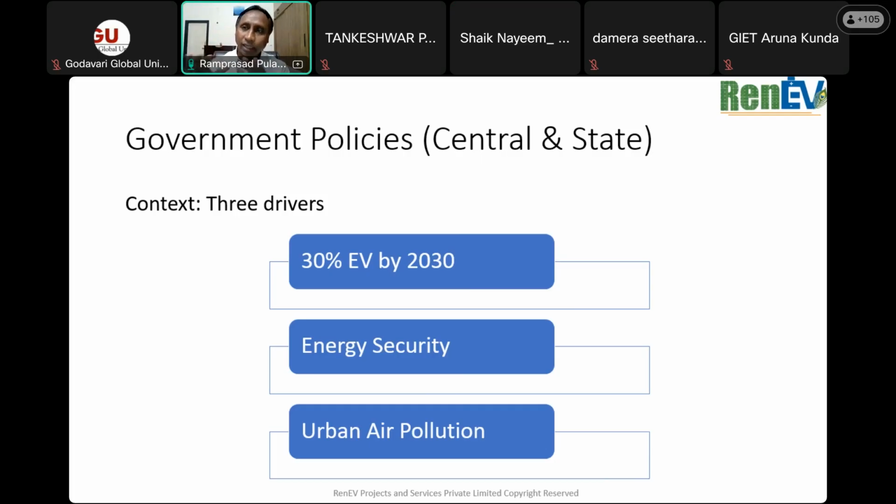They are not stopping it, but slowly reducing, because the plant load factor of existing thermal power plants is around 50 to 55%. They are not being utilized. So they are trying to encourage more and more private sector participation in the renewable domain.